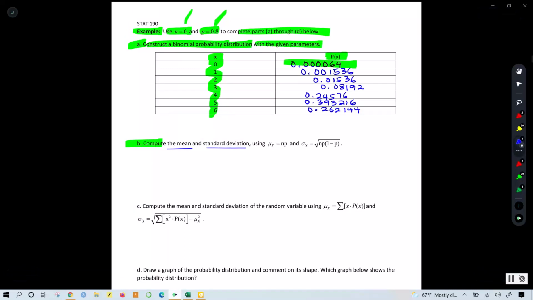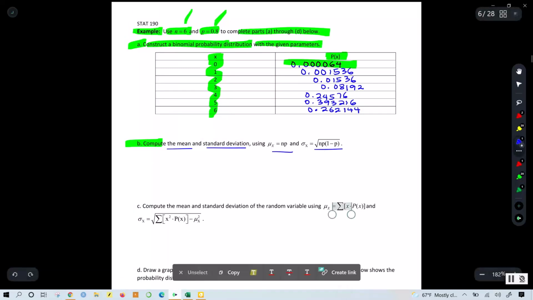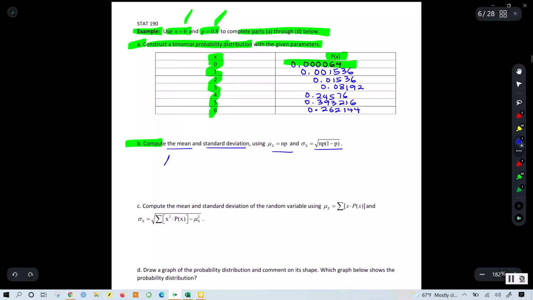And now I continue to the second question, where we are to compute the mean and standard deviation of this binomial random variable using the given formula. Well, the mean will be n times p, and that is n is 6, p is 0.8, so 6 times 0.8, and that will be 4.8. And then the standard deviation is the square root of n times p times 1 minus p.